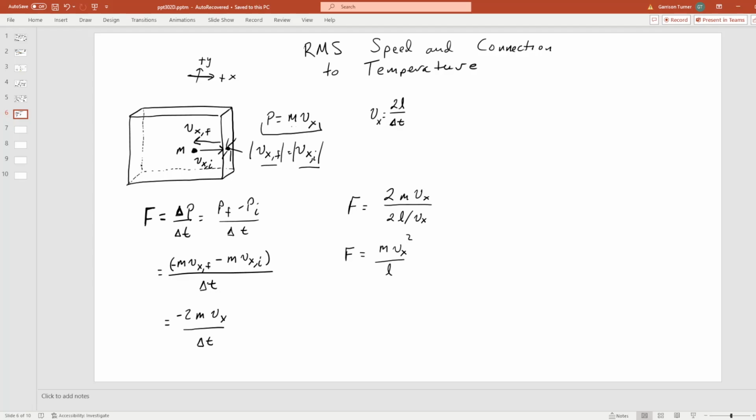Now, if we're concerned with the average force, the time is not going to be just the time that the molecule is in contact with the wall, but over several cycles of the molecule bouncing back and forth.